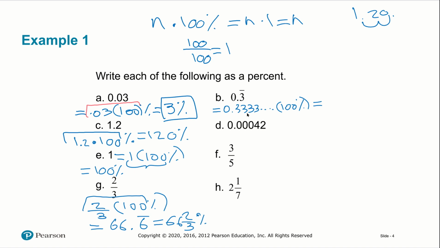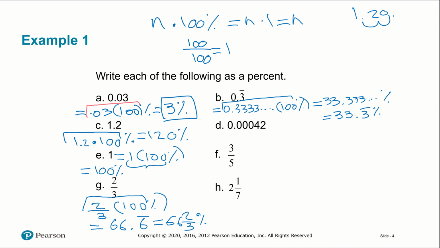So we're going to end up, of course, when I'm just multiplying this part, the 0.3333 on and on by 100, right? I'm going to keep the percent because I want to represent the number as a percent, right? So I get 33.333 forever percent, which I can write more compactly as 33.3 bar percent, like so.